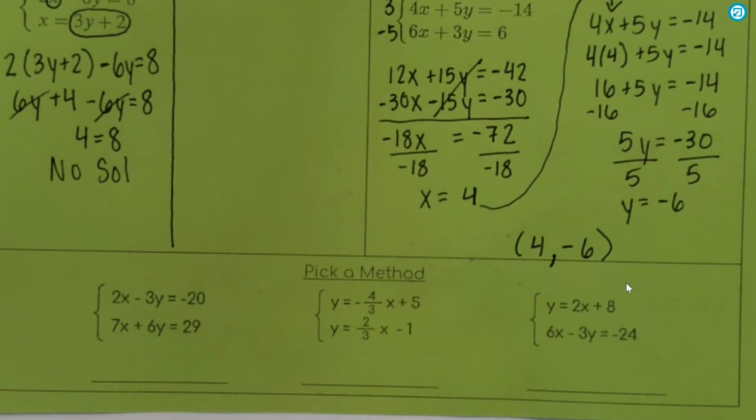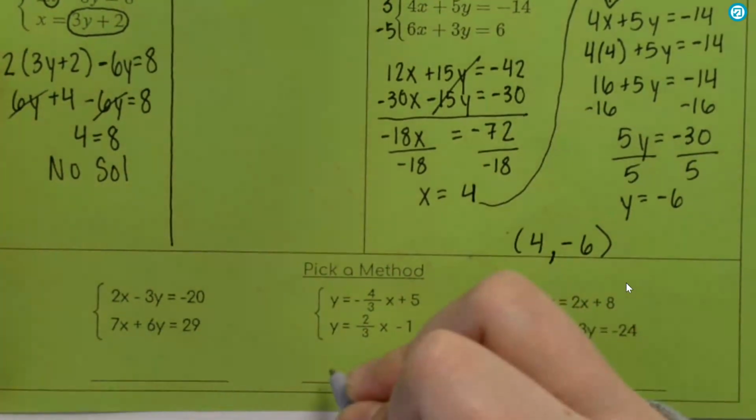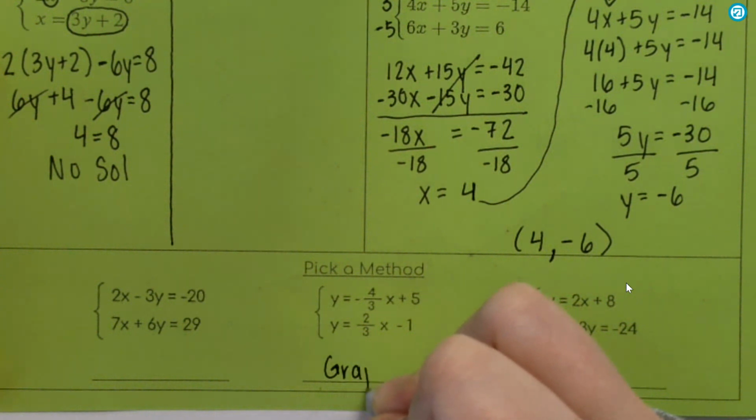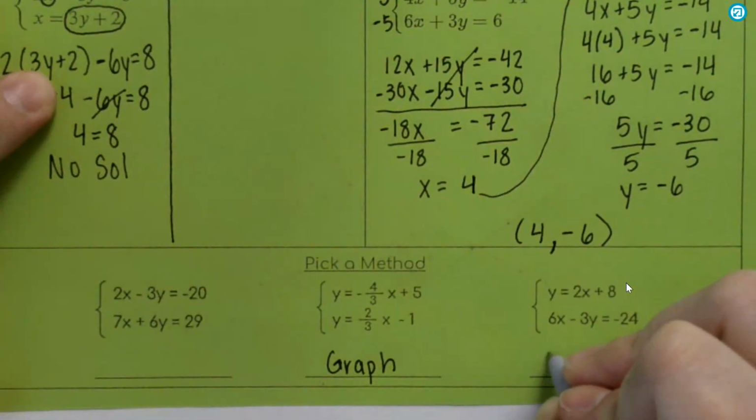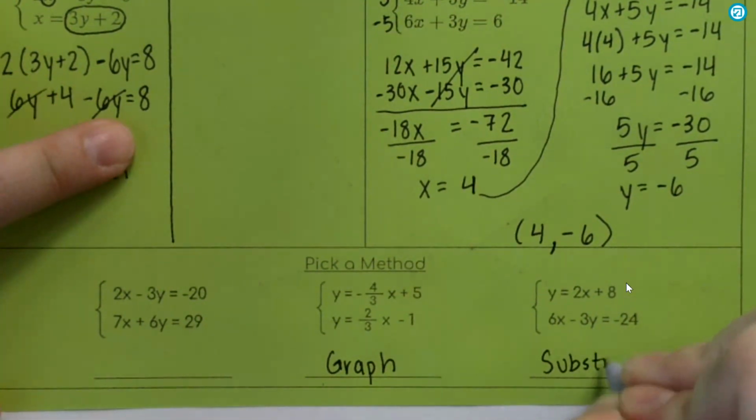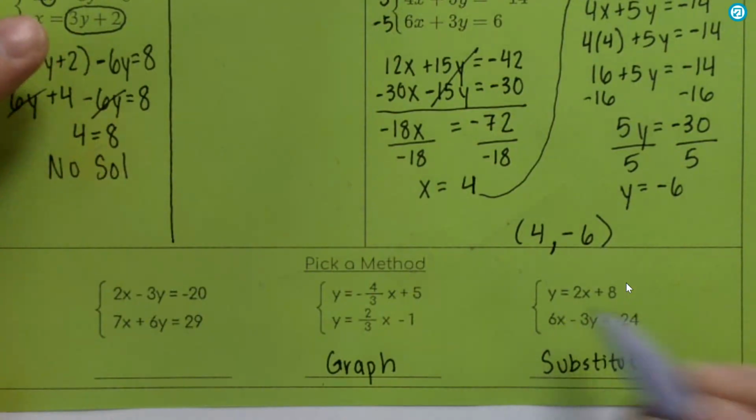Which of these 3 systems is it going to be easiest to graph? The middle one, because they are both y equals mx plus b. So this one would be easiest to graph. Okay, which of these, someone other than Cassie, would be easiest to substitute? The right one. Why? Yep. So we've got that y equals.